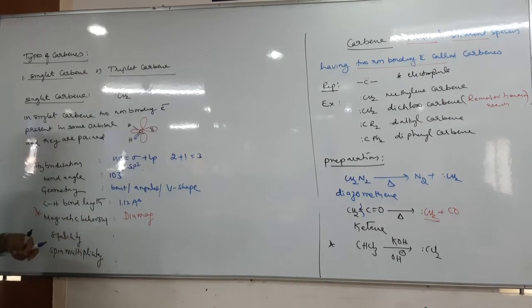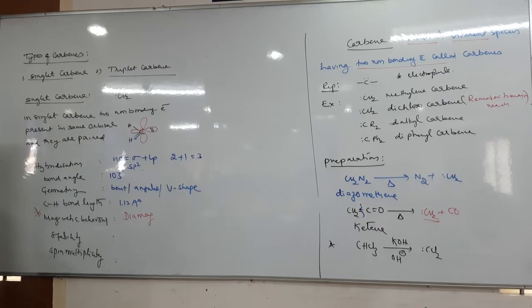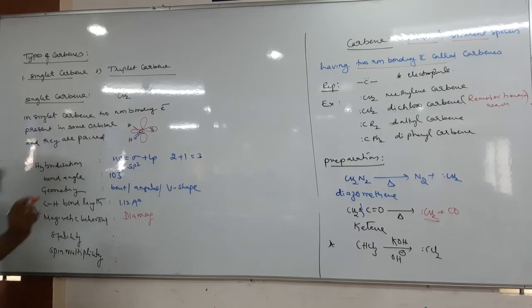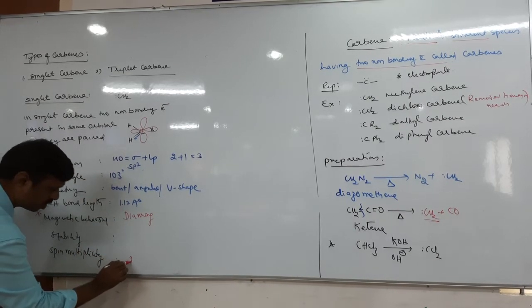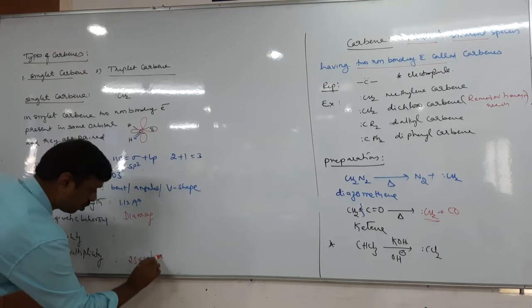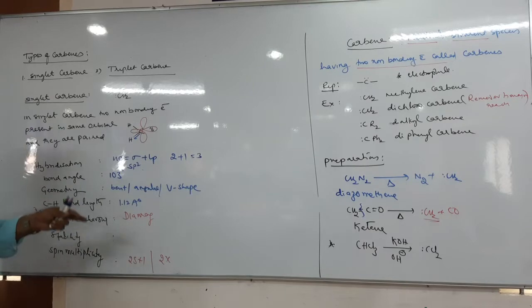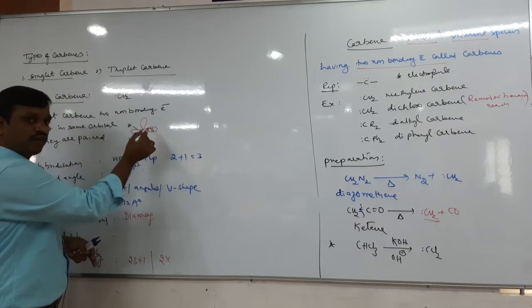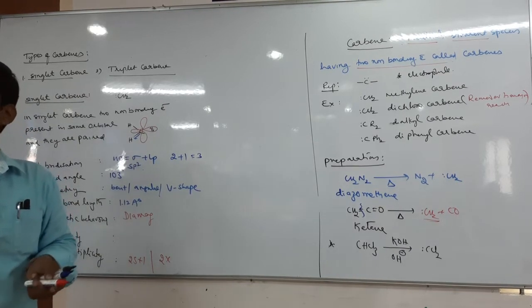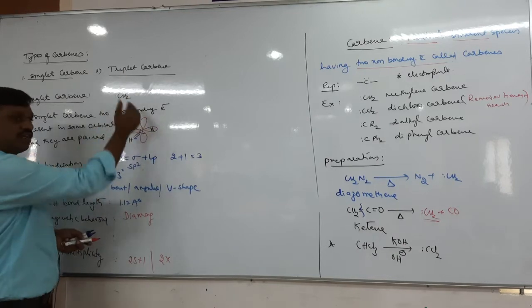Next, stability. Stability is directly proportional to spin multiplicity. Here it is singlet. Now tell me, what is the meaning of singlet? Spin multiplicity is 1. How do you calculate spin multiplicity? Spin multiplicity equals 2S plus 1. S is the spin of the electron: clockwise is plus half, anti-clockwise is minus half.